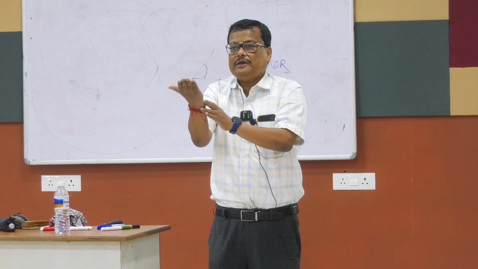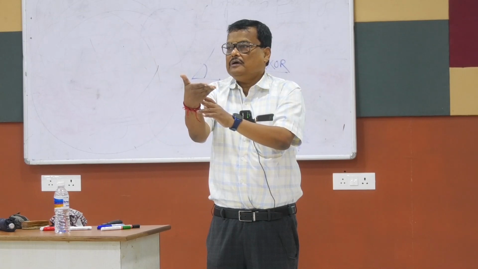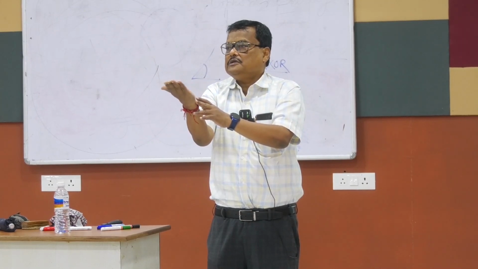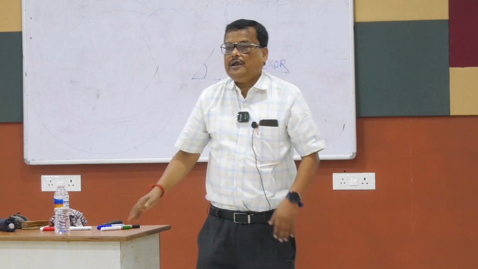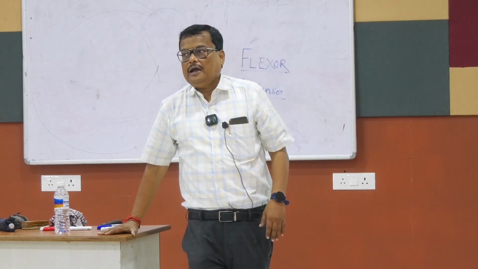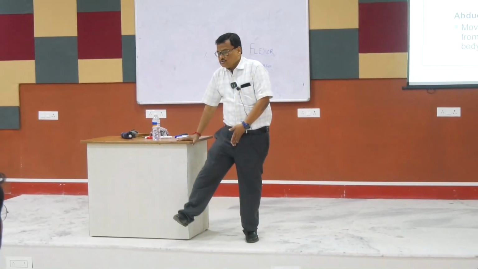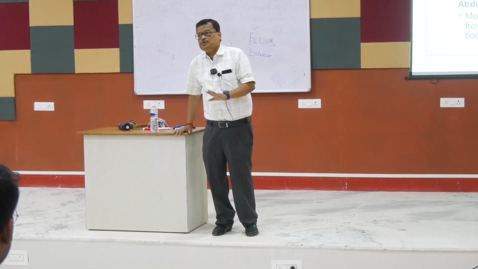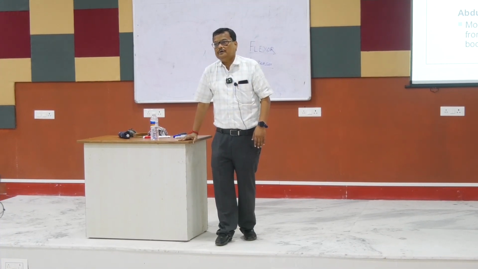So in case of a wrist joint, this is the adduction, this is the abduction, right? Similarly in the hip joint, this is the adduction, this is the abduction, because it goes away. In the knee joint it does not happen much, but here this is the adduction, this is the abduction.